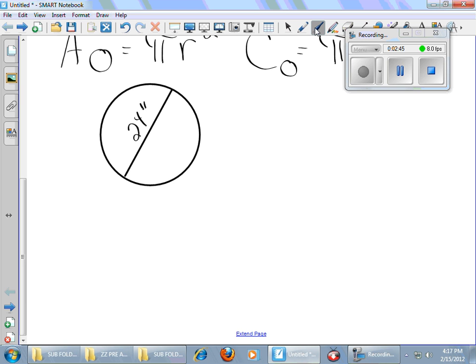Well, what is that? That is the diameter. The diameter is 24 inches. The radius would be half of that, so I can just divide by 2. The radius would be from here to there, only the red part. So that would be 12 inches. Okay, it makes a difference when you use your formula.